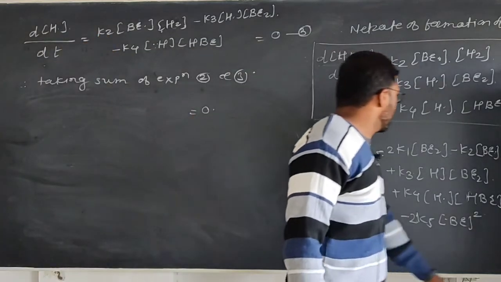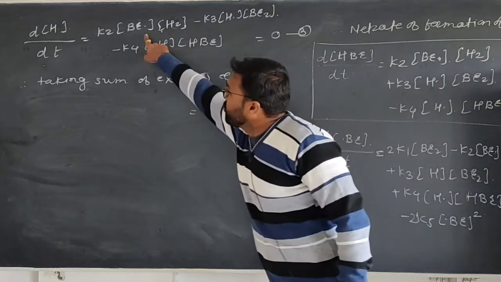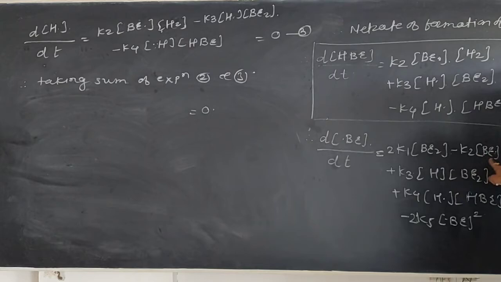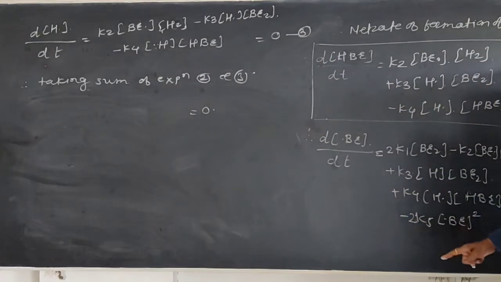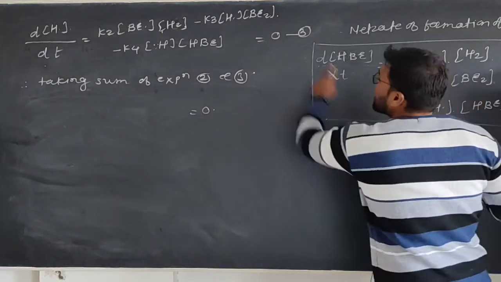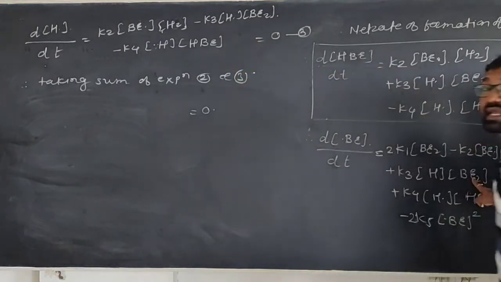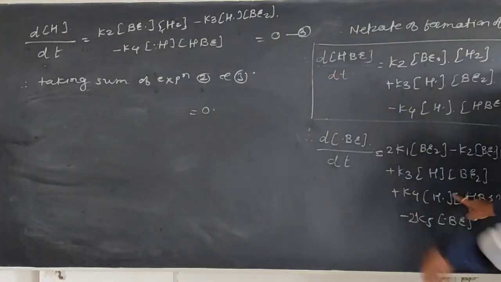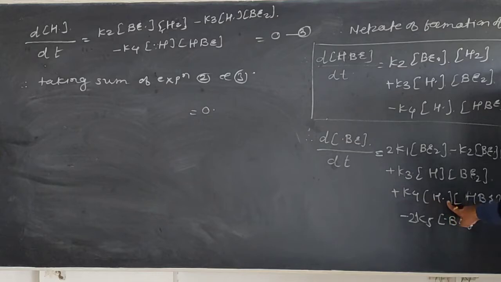Which terms are common? If you observe the expression K2 Br into H2, here also K2 Br into H2, here positive sign and here negative sign, therefore they cancel out. Again K3 into H into Br2, positive and negative, therefore cancel out. And K4 into H into HBr, here also K4 into H radical into HBr, therefore cancel out.